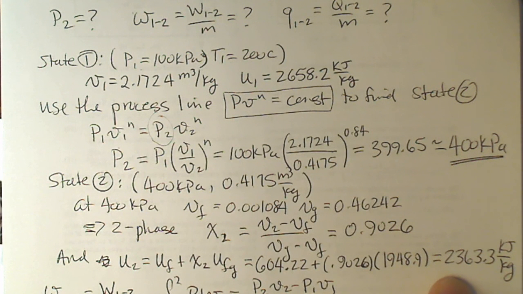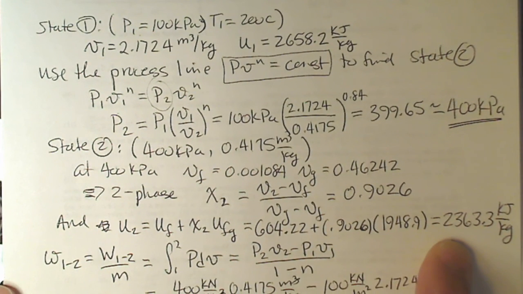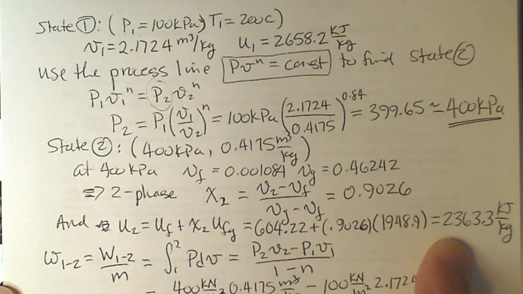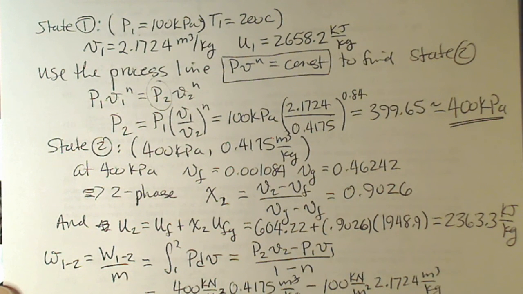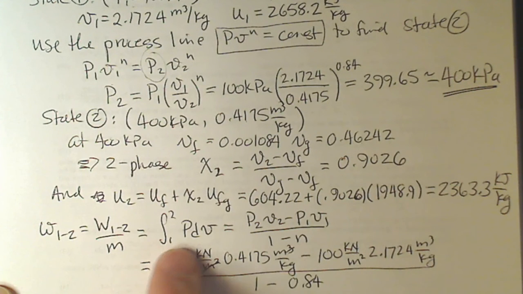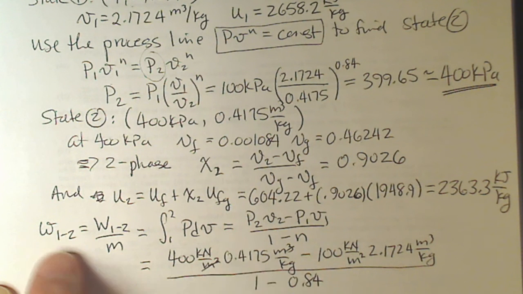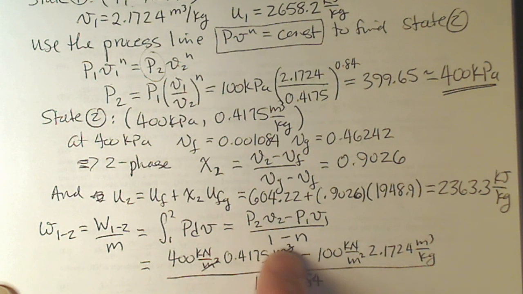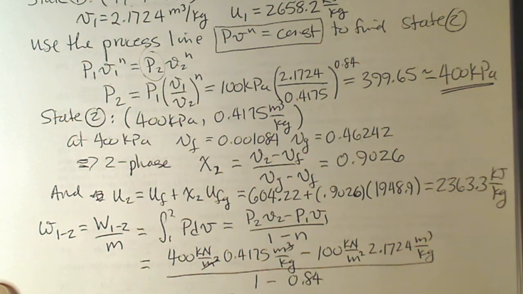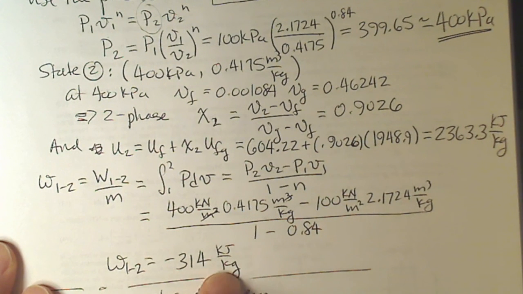And that information becomes useful to calculate quantities with the first law of thermodynamics. But in order to find the work done during this process, we needed to evaluate the boundary movement work integral of P dV. And for this polytropic process, with n different from 1, it's P2V2 minus P1V1 divided by 1 minus n. We calculated the specific work that's done on the system in this process.